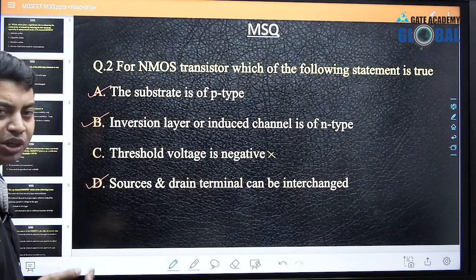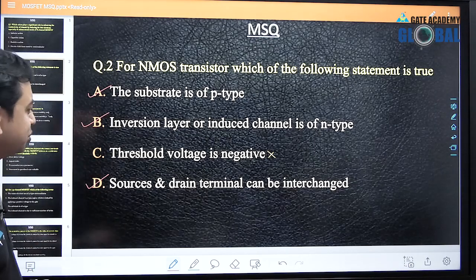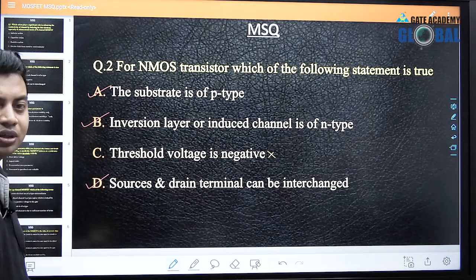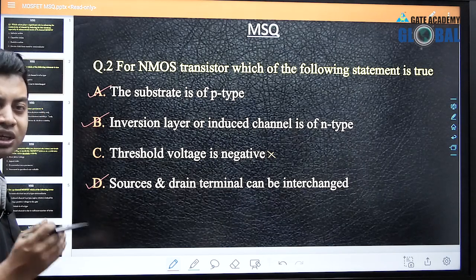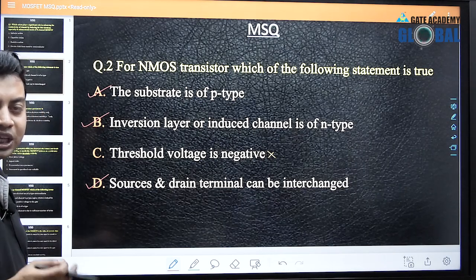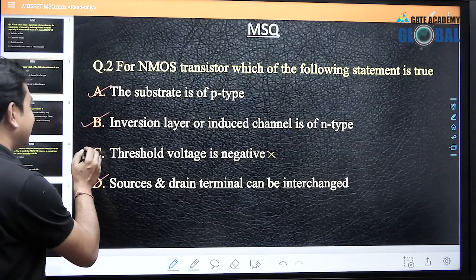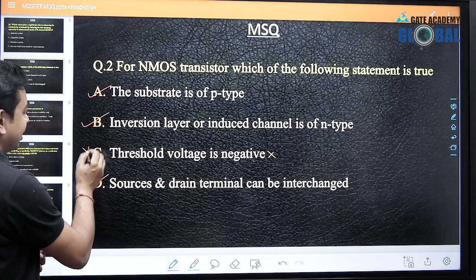So if someone understood that this is a depletion type MOSFET, then they must agree that the threshold voltage must be negative. But in general, the question is about an enhancement type MOSFET unless it is said that this is a depletion type MOSFET. In that sense, we can say that this particular answer is wrong.